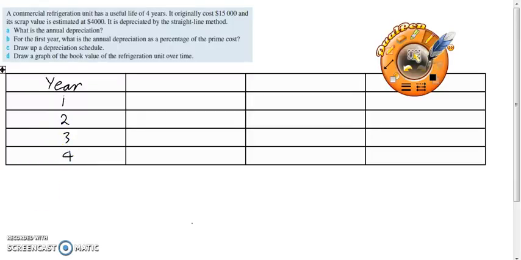In this case, it's a useful life of 4 years, so that's why I've got 5 rows, one at the top for the names, 4 rows for the 4 years. At the top, the next column is always our starting value. So for the first year, the starting value will be $15,000. The next column will be the depreciation.